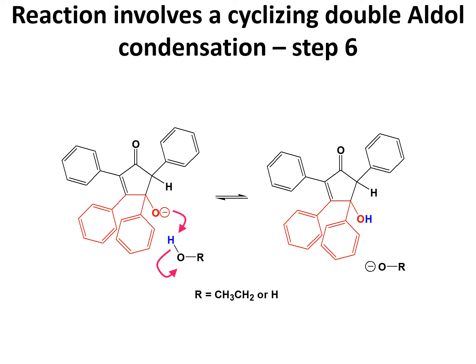And that is when this negative charge abstracts a proton from a second mole of the solvent and becomes OH, and again a base comes, the base abstracts a hydrogen from the solvent.